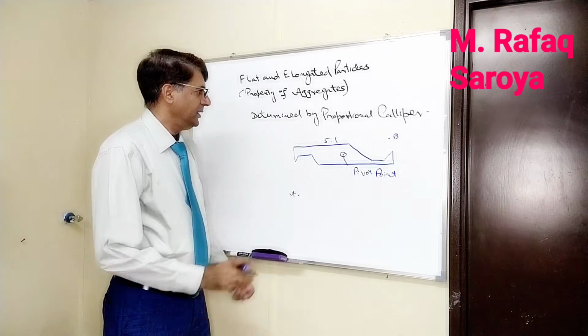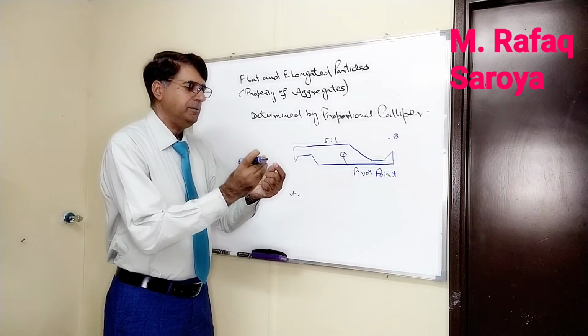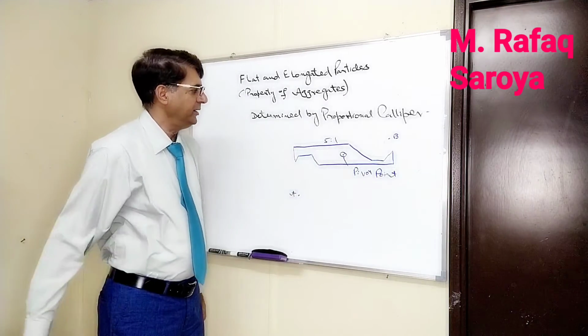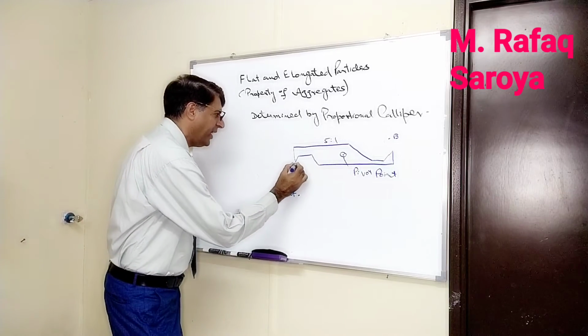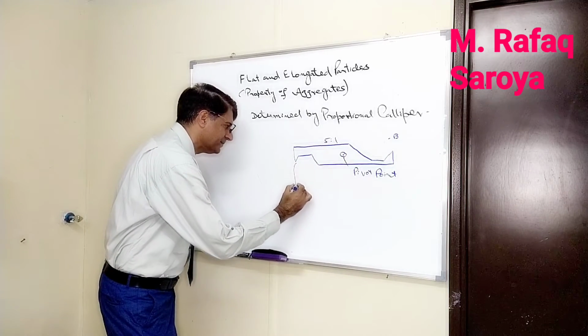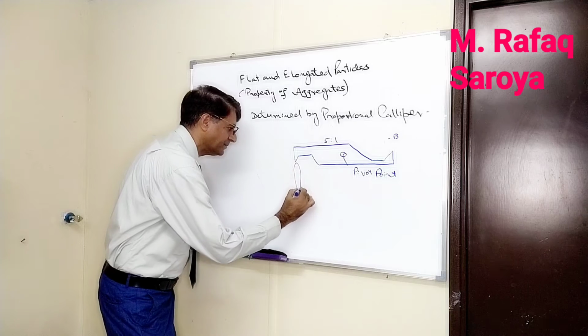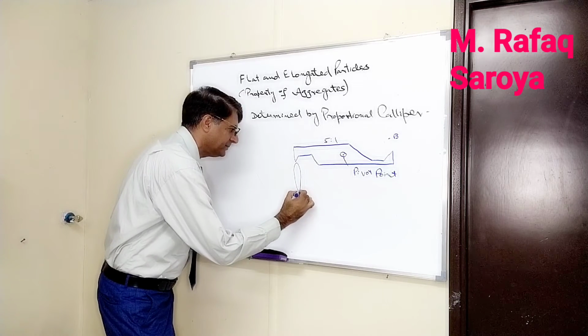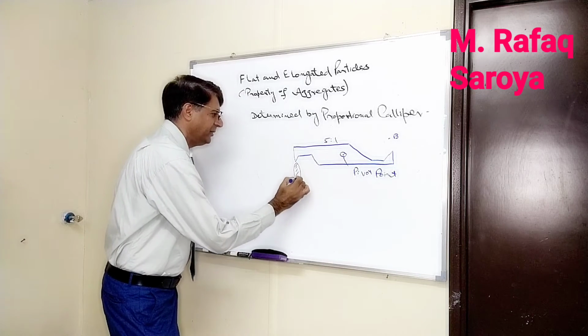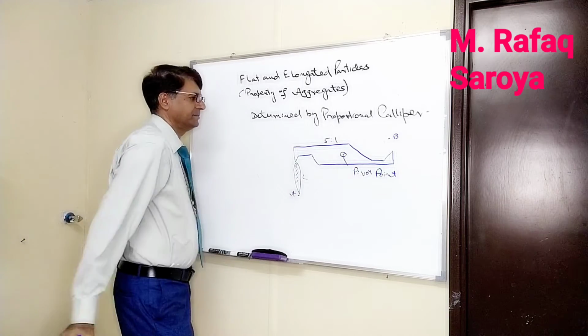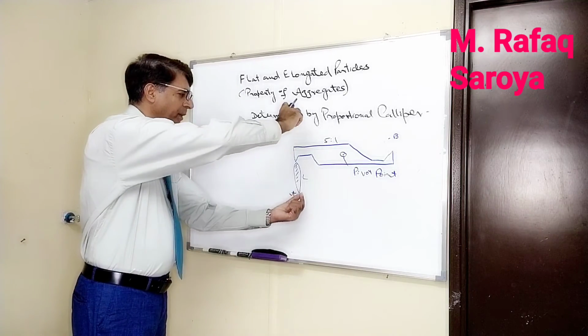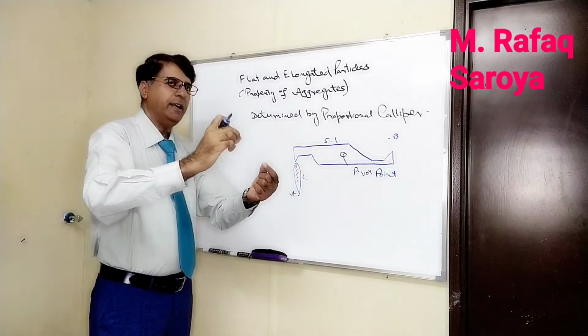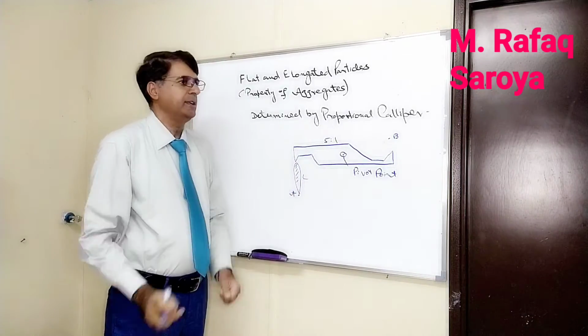Now, let me first of all tell you about its operation. We will keep one particle lengthwise at this point, because we will open the proportional caliper according to the length of this.